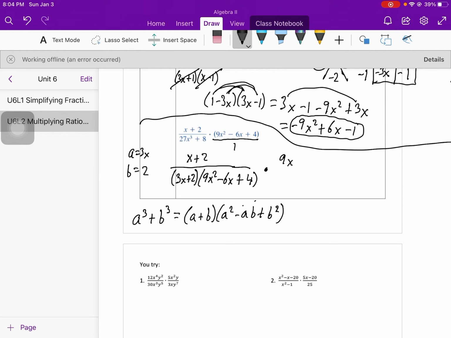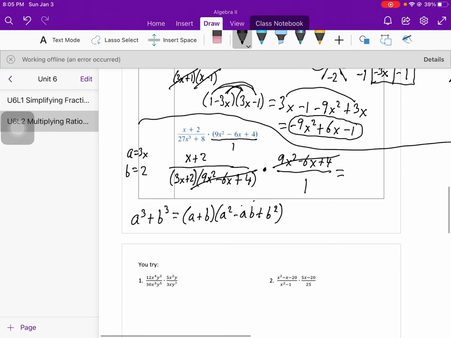So now we have 9x squared minus 6x plus 4 all over 1. Now that we have one of these on the bottom and the top, we can actually cross out the whole thing. We don't have to worry about trying to factor or anything like that. So our final answer ends up being x plus 2, because that's all that's left on the top. And then we have 3x plus 2.